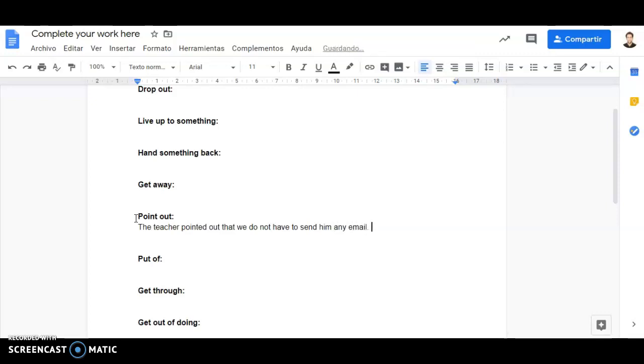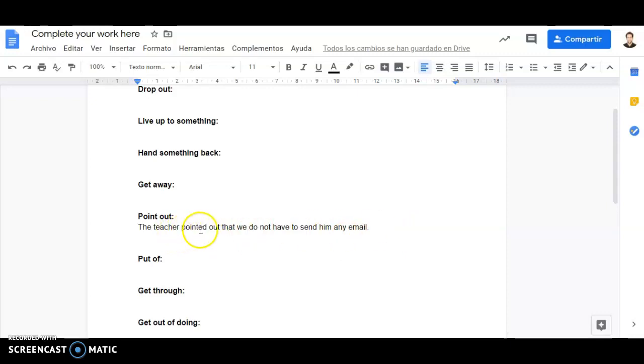Is this phrase enough? No, it is not enough. We need to try to make complete phrases. If I see one phrase like this, it is good in this case, but it is not perfect. We need to add more information. Why are we using point out and not another phrasal verb? We need to be more specific about what we're saying.